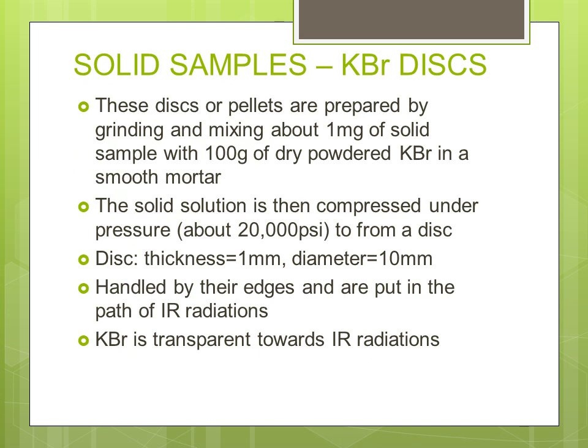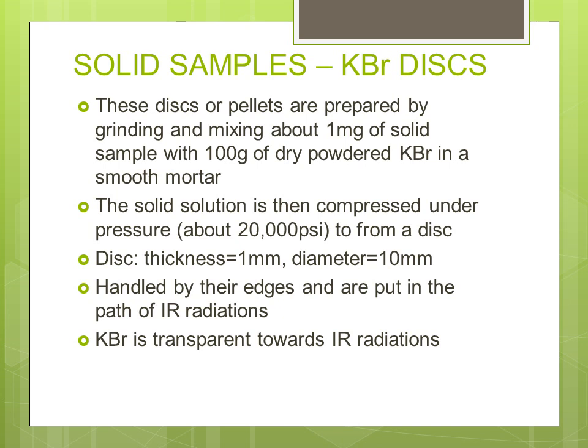Another way of introducing solid samples is to convert your sample into potassium bromide discs. So how are these prepared? These discs or pellets are prepared by grinding and mixing about 1 milligram of solid sample with 100 milligram of dry powdered potassium bromide in a smooth mortar.